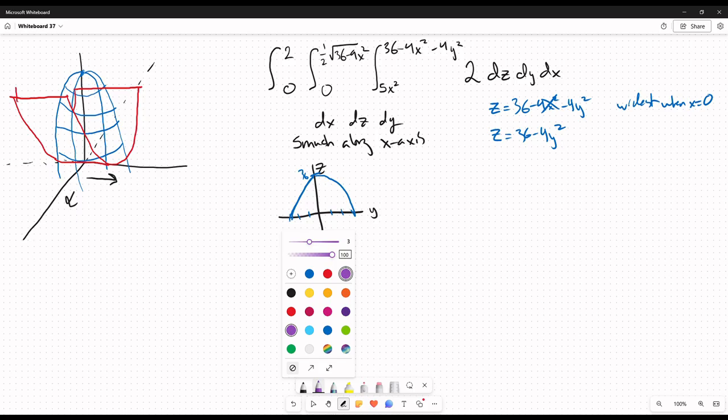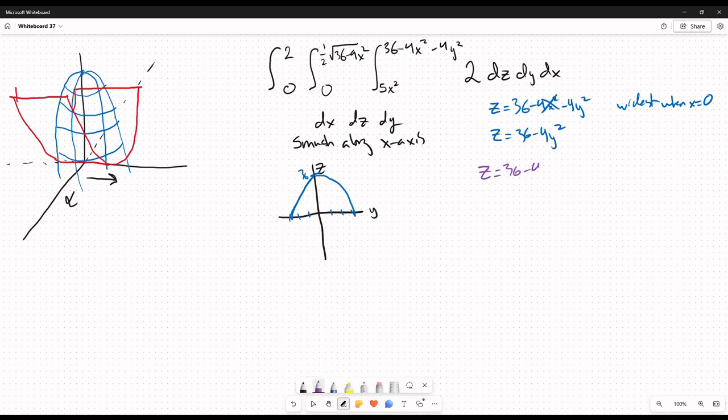So we're going to have these functions: z equals 36 minus 4x squared minus 4y squared. Solve that for x. I'll add 4x squared and subtract z from both sides. We'll get 4x squared equals 36 minus 4y squared minus z.